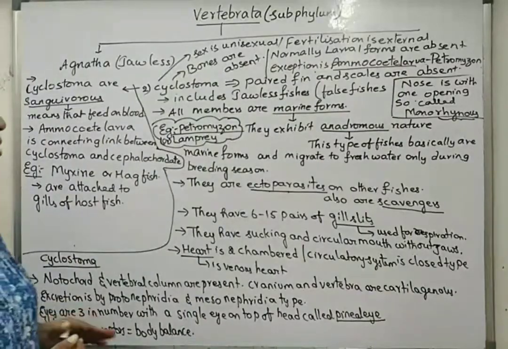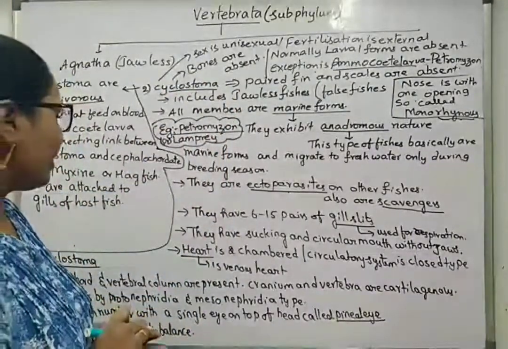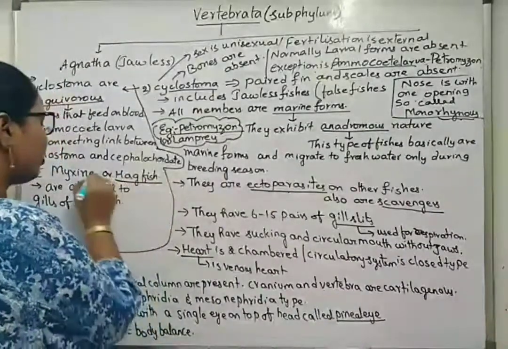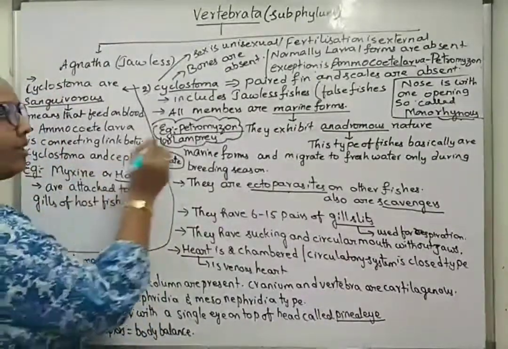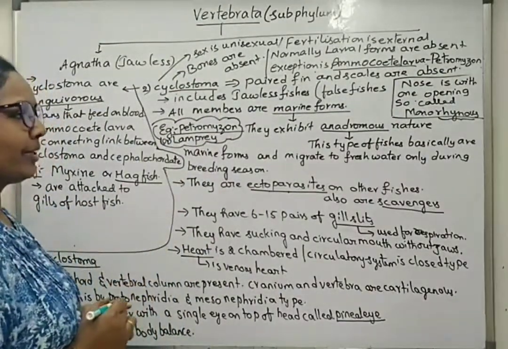So here under Cyclostoma, we have seen two examples, that is Petromyzon and hagfish, which is also called myxine, and Petromyzon, also called lampreyfish.